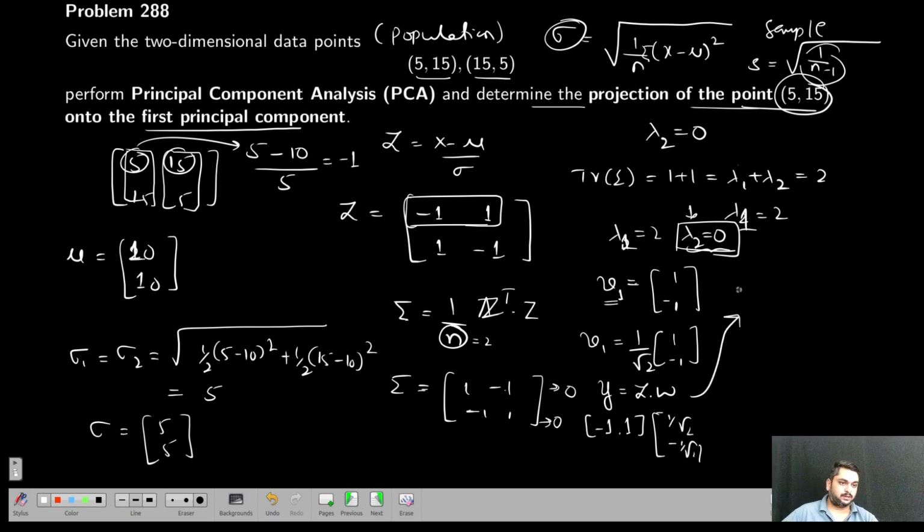So I get y equal to minus root 2. That is the answer: minus root 2. If I see this axis, it means y equals minus root 2 times x, which is the slope of that projected line.